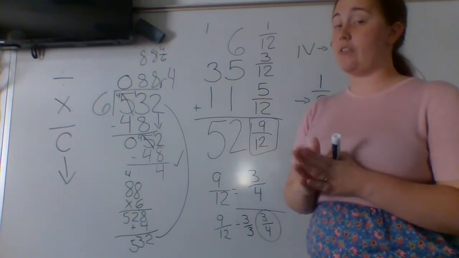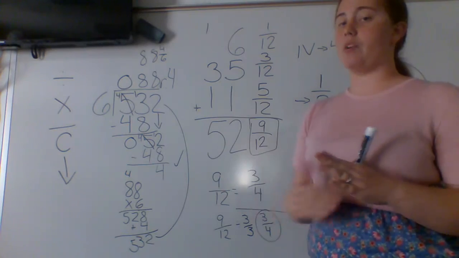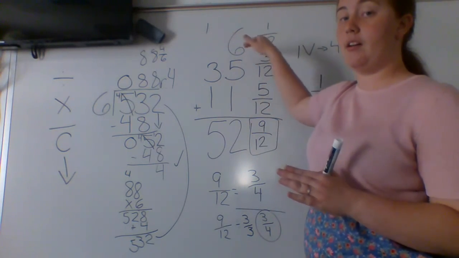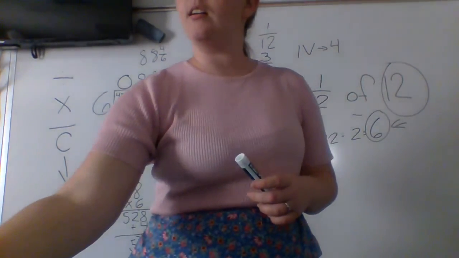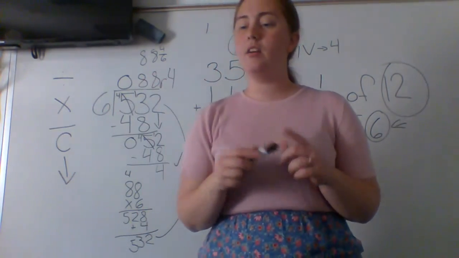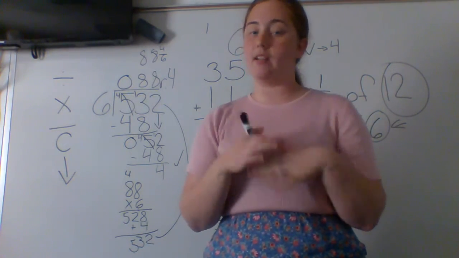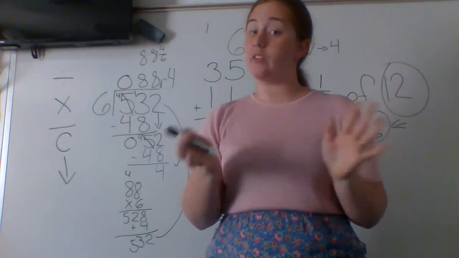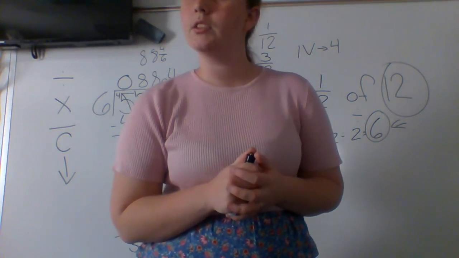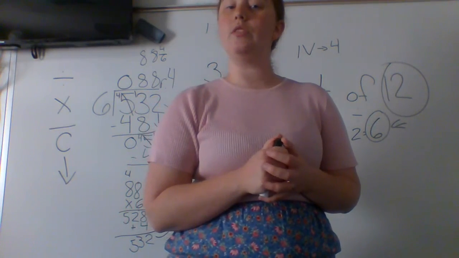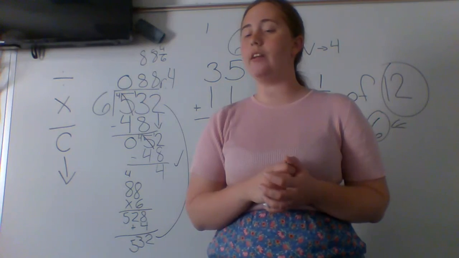If the number is written together like this, 6 and 1/12, that's a mixed number because you're mixing together a whole number and a fraction. So keep that in mind. You need to know multiplying, dividing, adding and subtracting, of course, that's math. And then there's a story problem on there. You just need to make sure that when you're reading that story problem, you're being very careful when you're reading it.